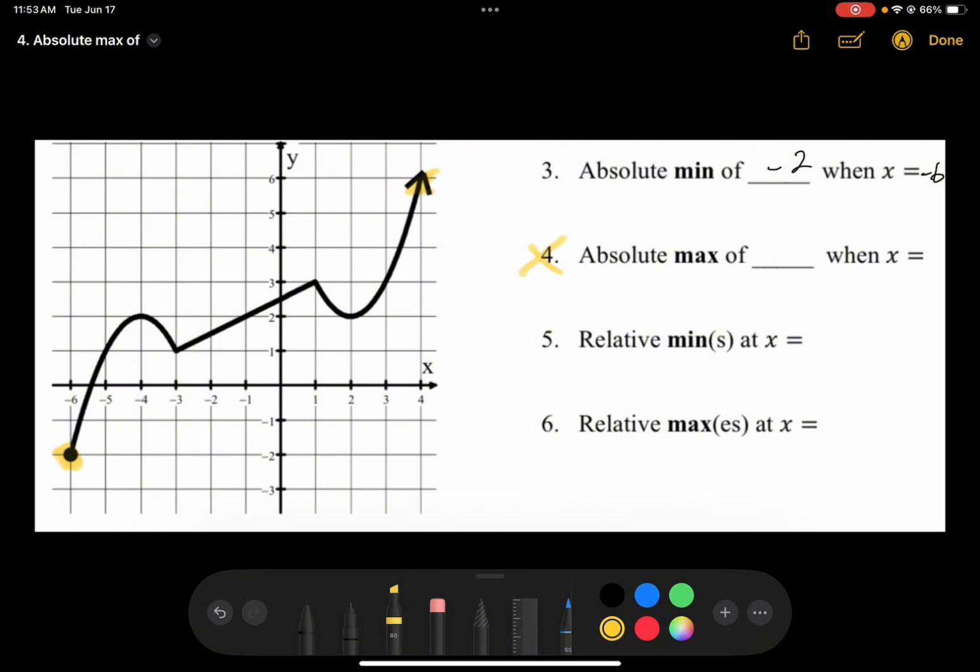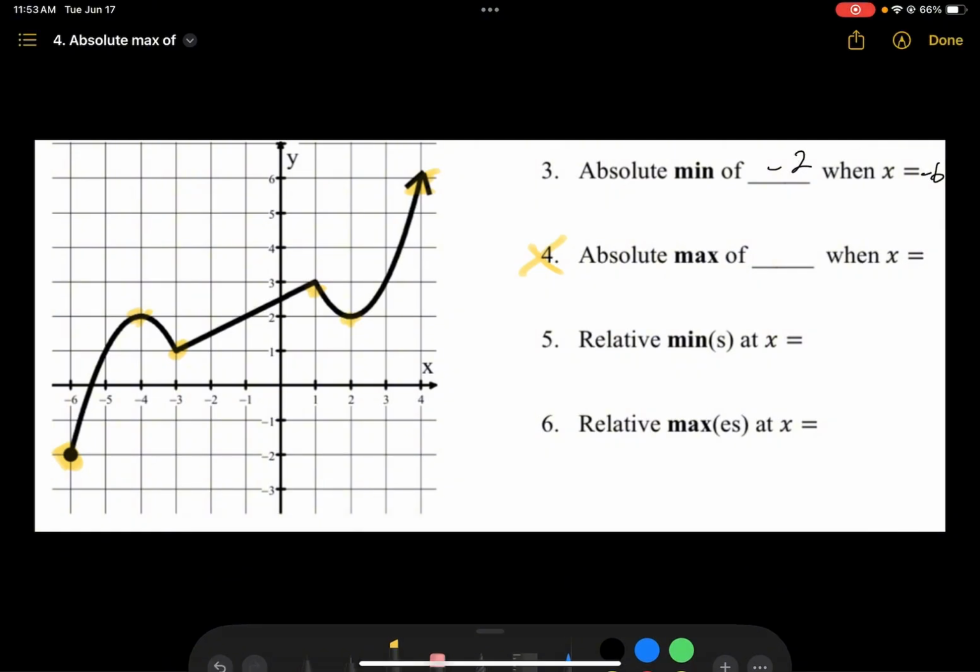Now, relative min. Our relative min is basically our lowest parts of the graph besides the absolute min. So in this case, it would be here and here. Now we're trying to find our relative max. These are going to be the highest points of the graph that aren't the absolute, so in this case, it's going to be right here and here.